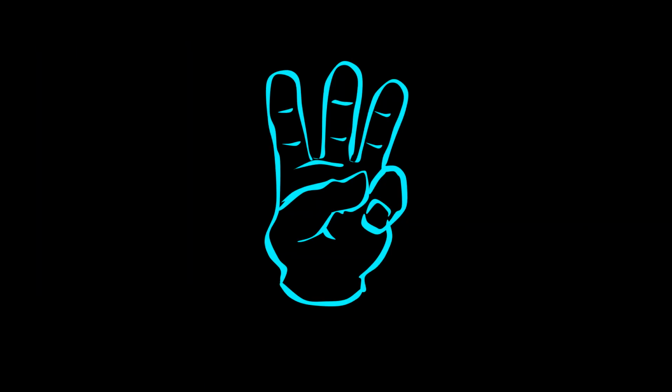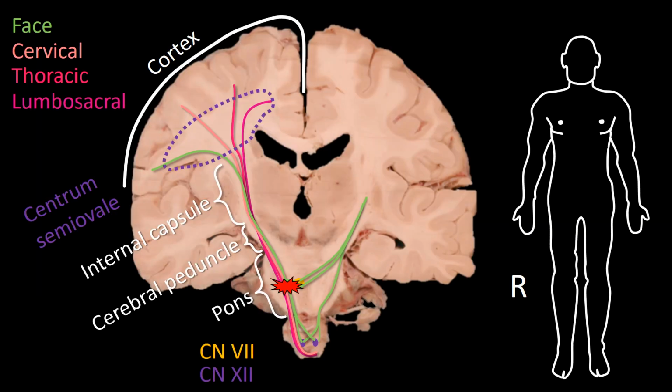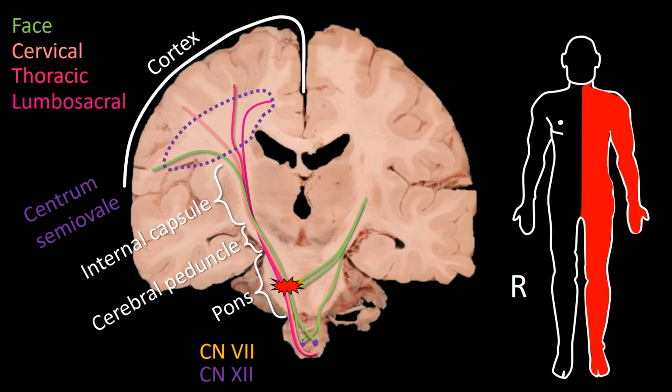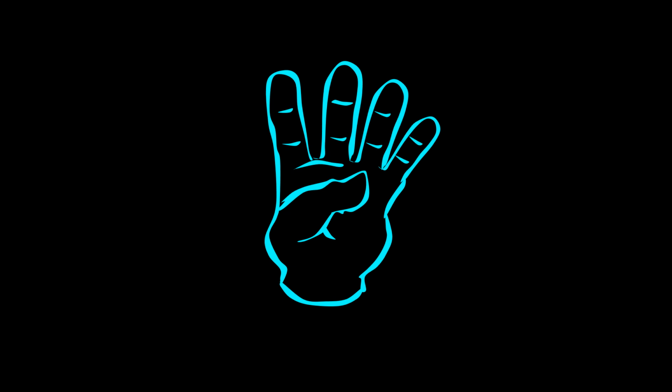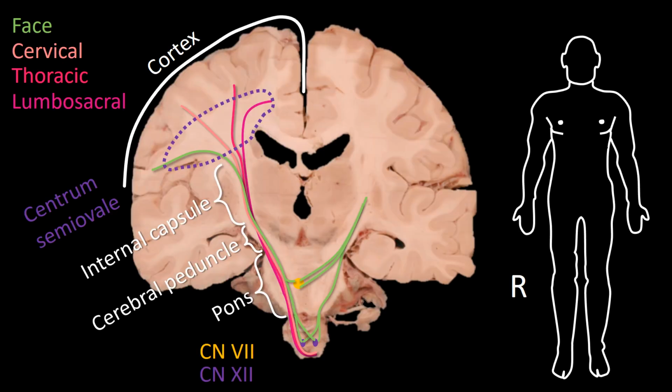In the third choice, the patient has a lesion in the right pons. The opposite side of the body will be affected, but the face will be affected on the same side as the lesion, and the whole half of the face will be affected. If the patient is asked to smile, the lip will deviate away from the lesion. In the fourth choice, the patient has a lesion in the right medulla prior to the decussation of the body fibers.